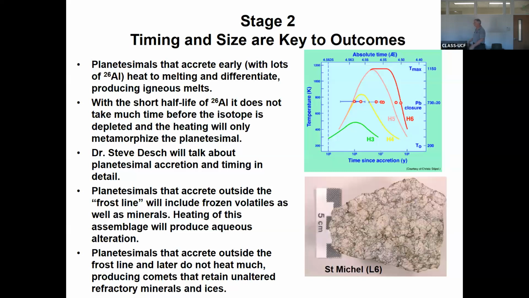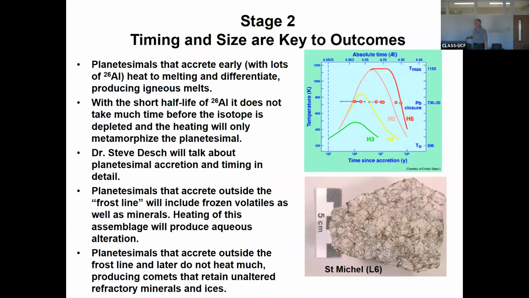As I said, Dr. Deutsch will be talking about planetesimal accretion and timing in detail. Basically, planetesimals that accrete outside the frost line are going to include volatiles as well as minerals. And remember, ice is a mineral. Heating of this assemblage is going to produce aqueous alteration.